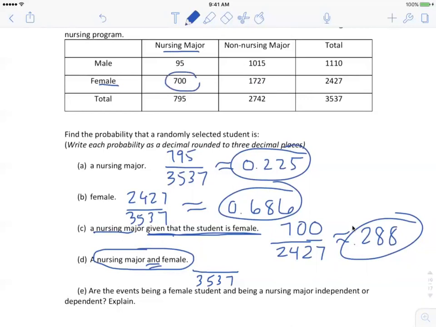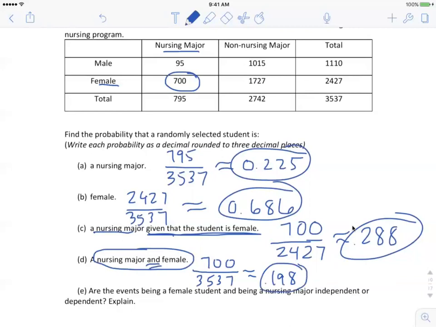What corresponds to both of those is that 700. Right? There are 700 students that are both a nursing major and female. That's the number I want. Do the calculation, and you should be good to go. It looks like a 0.198 on my calculator. All right.